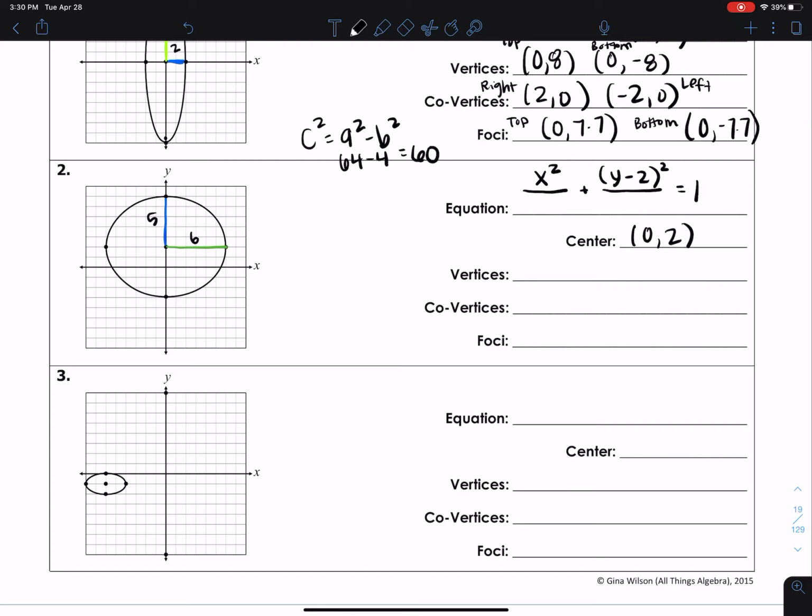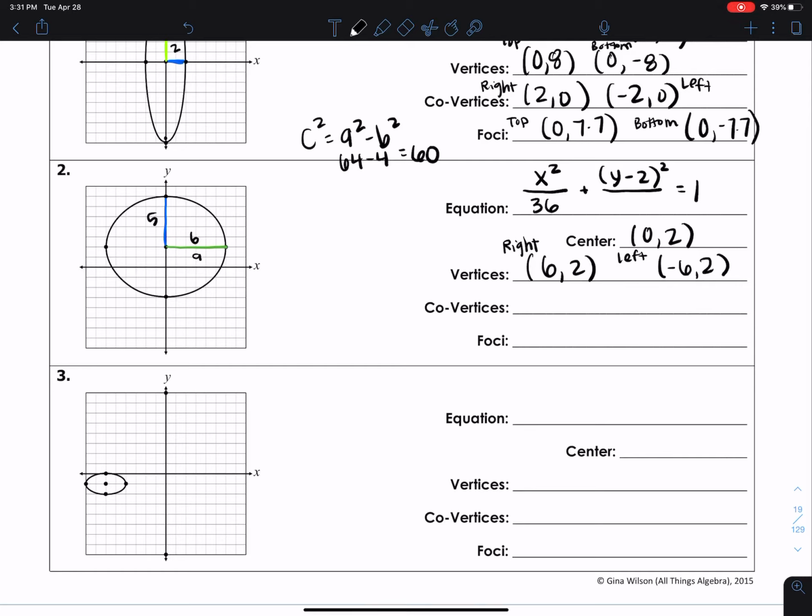So we have (6, 2), this is our right vertex, and for our left vertex, we have (-6, 2). In this case, this is a. So a is 6, so 36 is a squared. It's horizontal, so we put it under the x.